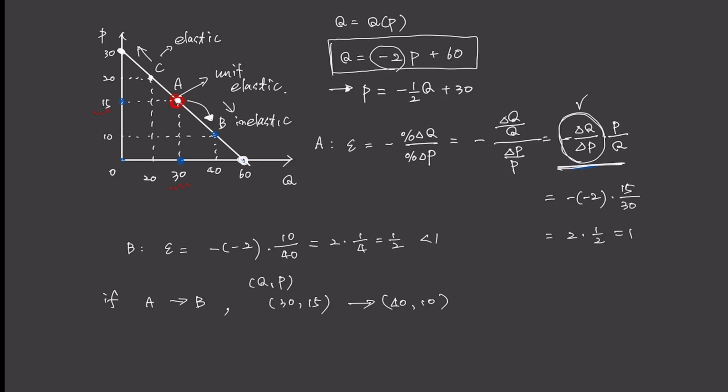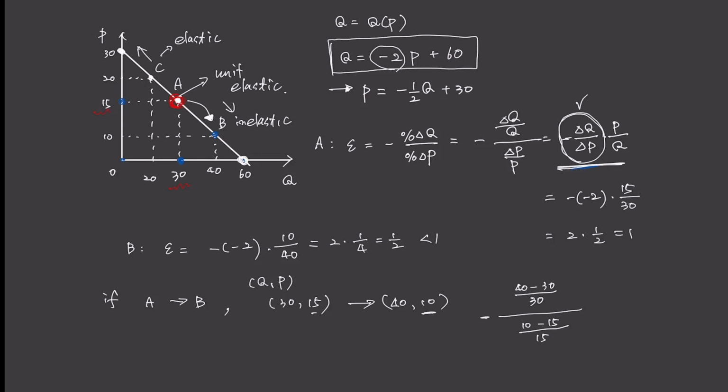The percentage change we can calculate, right? So percentage change of Q: the new value is 40 minus 30, the original value is 30, right? And then percentage change of P: the new value is 10, the original value is 15, right?